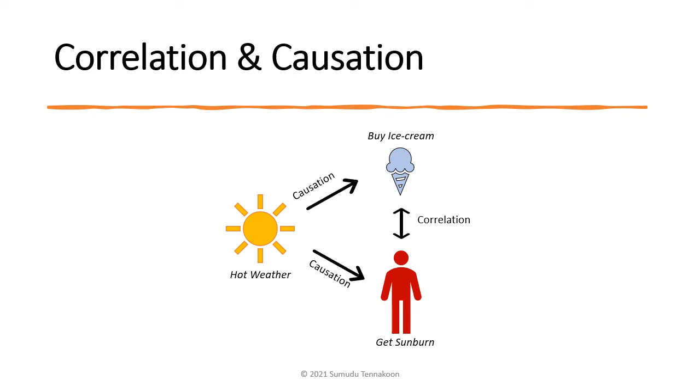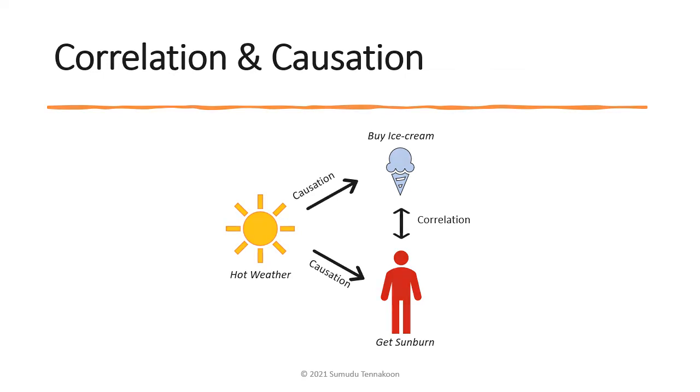Sunburn will not cause people to buy ice cream, and buying or eating ice cream will not create sunburn. That is simply a correlation, not a causation. When you make a conclusion, make sure you understand this. There are plenty of examples you can read about, and in our machine learning applications we also need to understand the difference between causation and correlation.